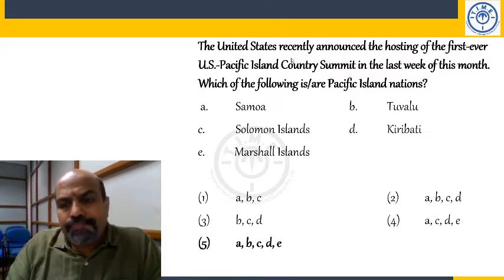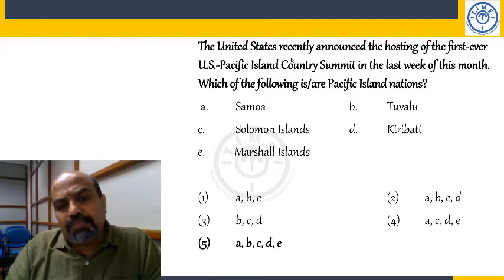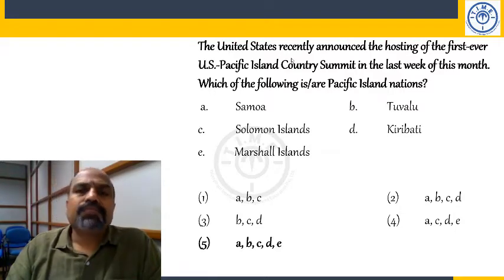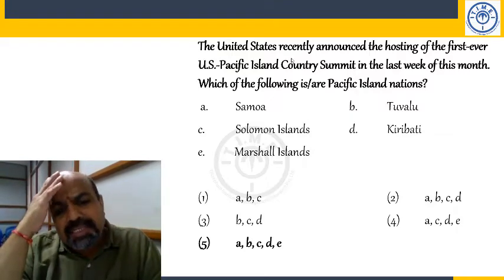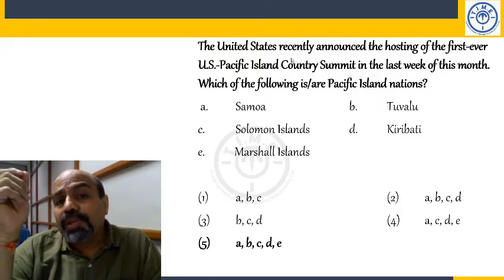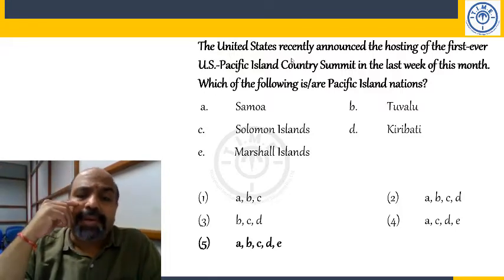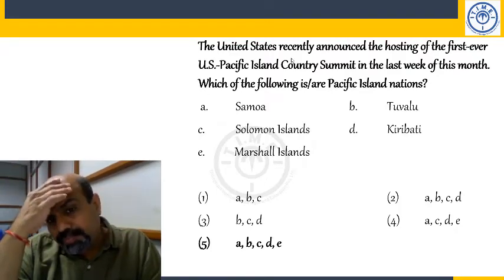Then we have Solomon Islands. They are all pretty close to each other. Solomon Islands, the capital is Honiara, H-O-N-I-A-R-A, Honiara.